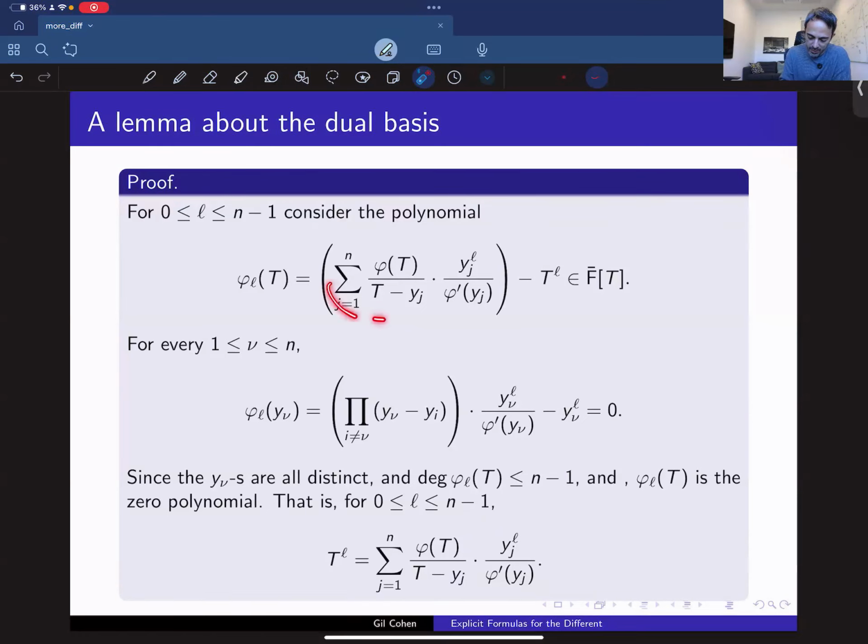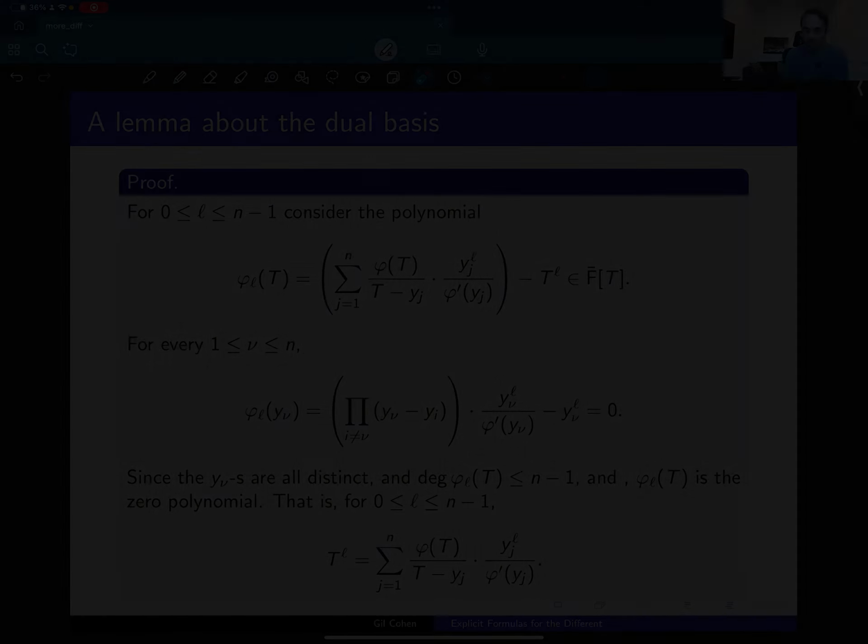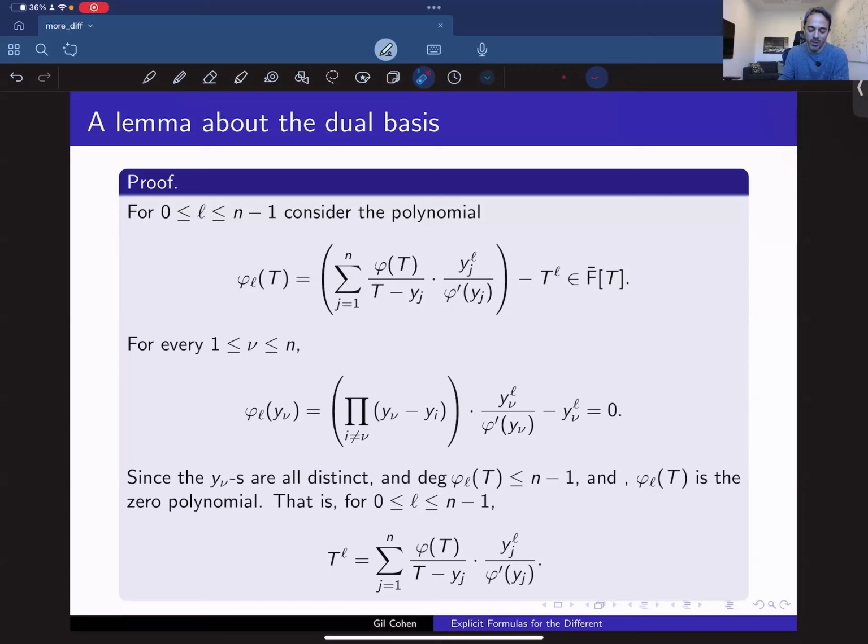First of all, this part, phi of t divided by t minus y_j, when you sum over all j's, for a similar reason to before, is precisely the product of t minus y_i for i not equal to j. The only summand that will survive is the one in which j equals ν.